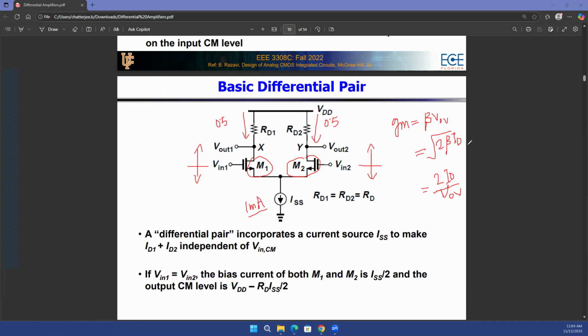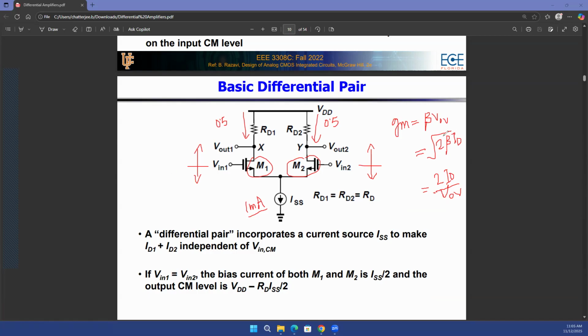Now, in the previous slide, because my DC level kept on moving up and down, my currents were not constant. But in this case, my currents in the two branches are constant. On the other hand, the overdrive or the VGS of the transistors will not be constant as the gate to source voltage level changes.